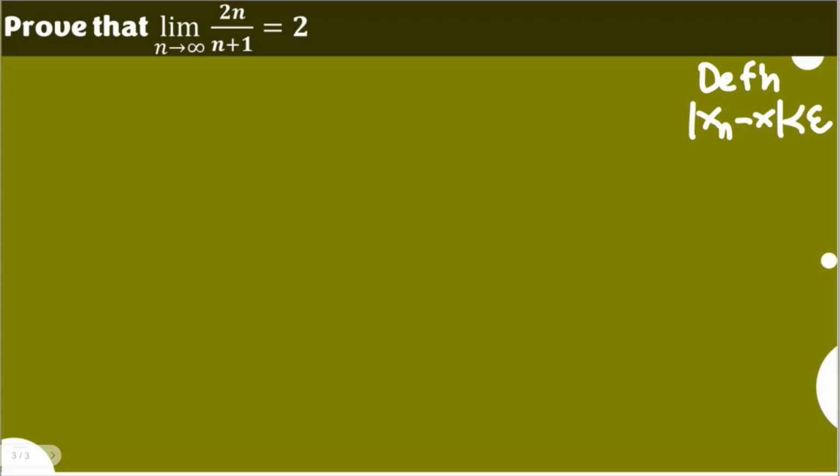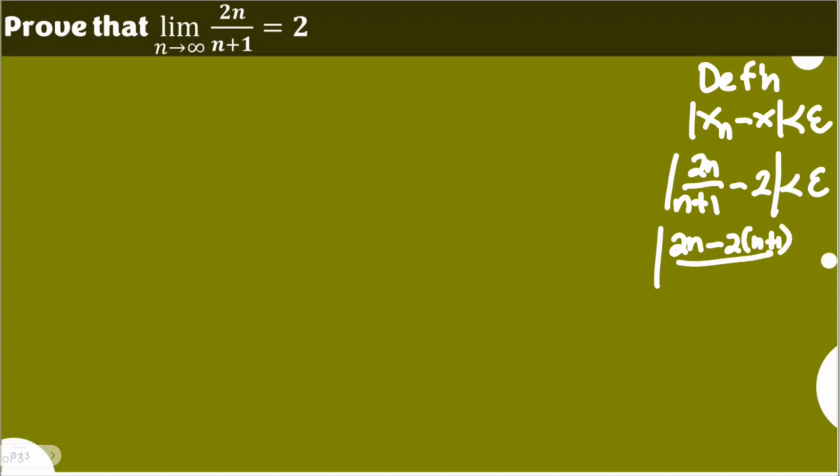Before we start, we could use this idea to target our guide, or what would be our target expression later as part of our proof, as we substitute our sequence 2n over n plus 1 minus the limit, which is 2, must be less than epsilon. Let's try to solve this in terms of n. So we will have the absolute value of 2n minus twice n plus 1 over n plus 1 less than epsilon.